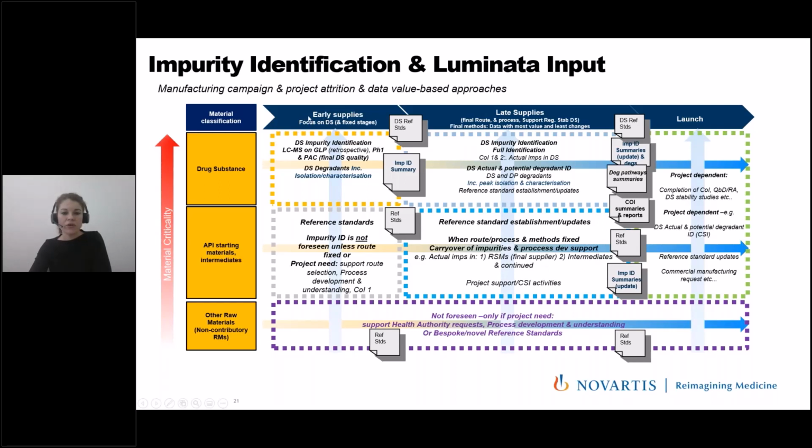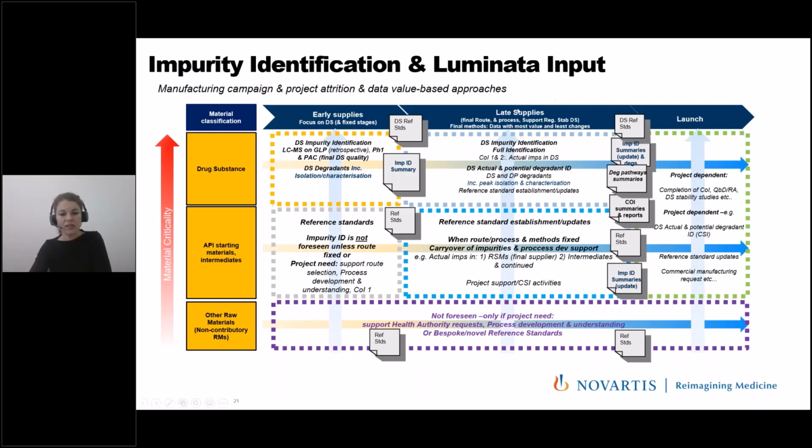On the horizontal axis, you see the early supplies, the late supplies, and the launch. While in the early phase we would focus mainly on the reference standards for the API starting materials, and only for the DS would we perform the identification activities of the impurities.